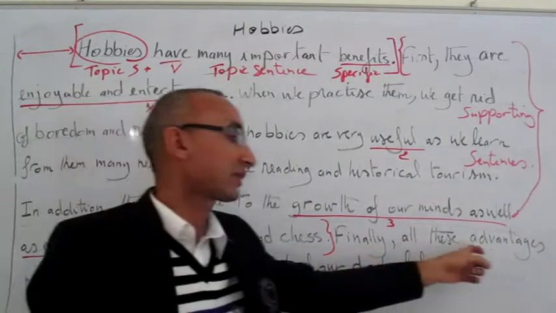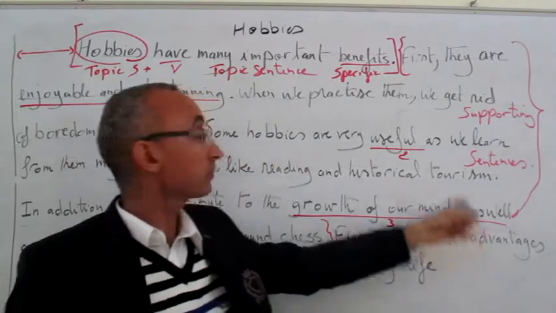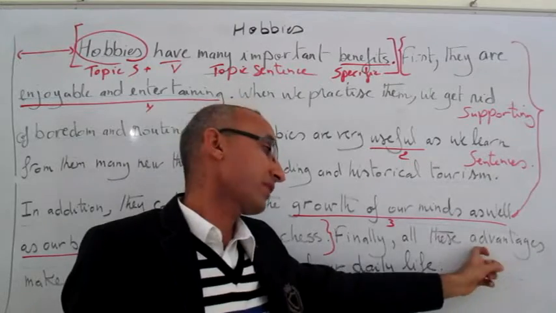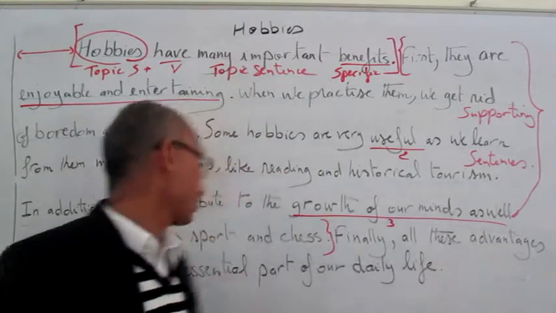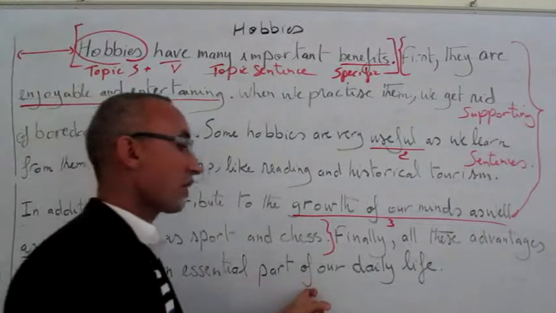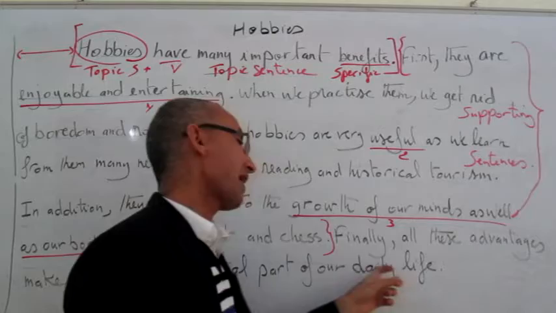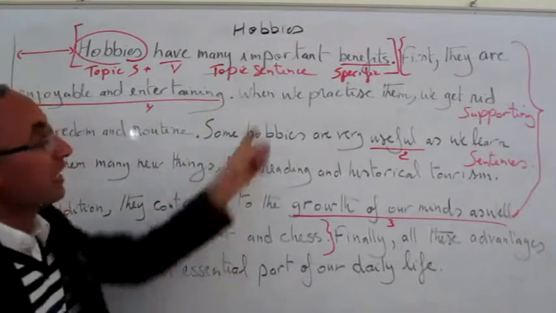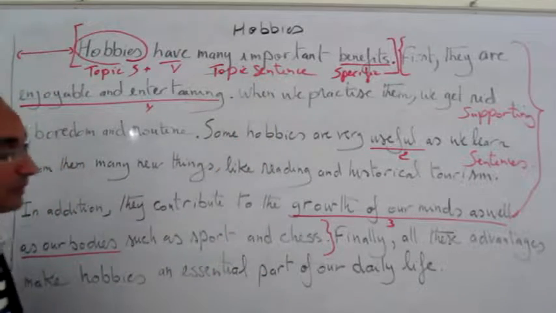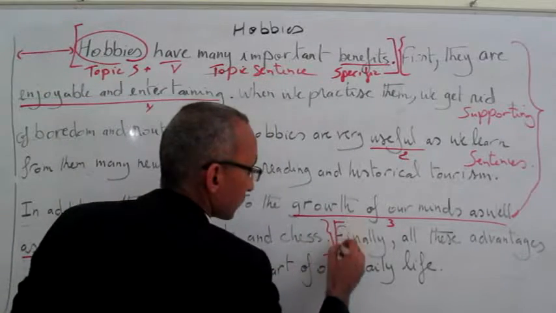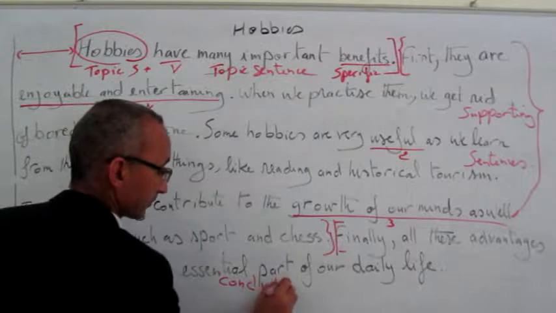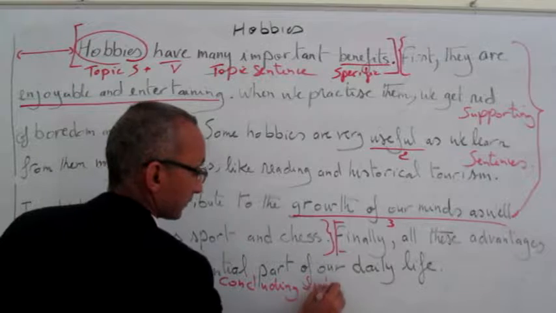Finally, all these advantages, you may use the same words of the topic sentence, or even synonyms, benefits or advantages. All these advantages make hobbies an essential part of our daily life. It means they are necessary, useful, and important. So here is my last part, which is the concluding sentence.